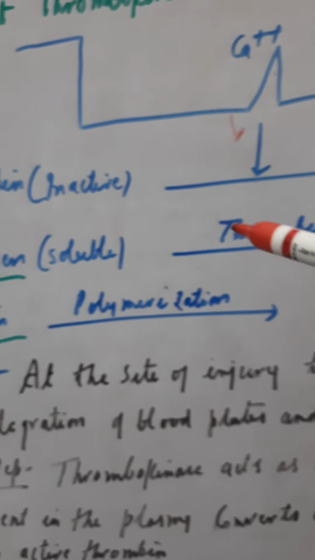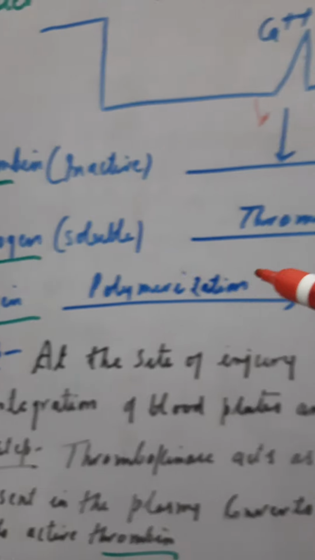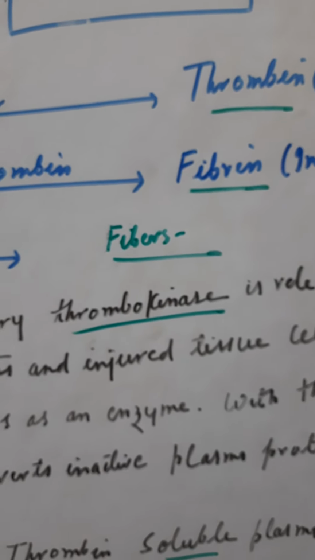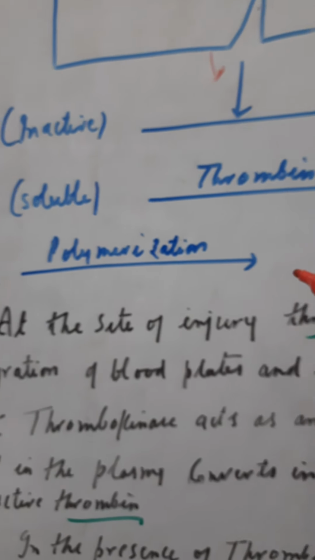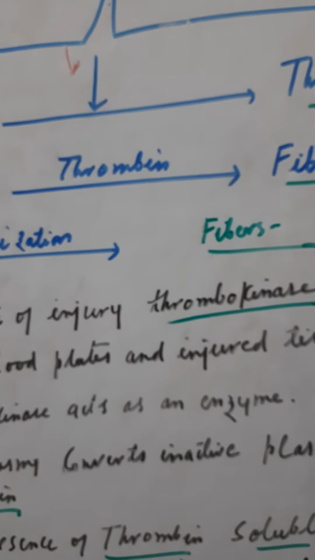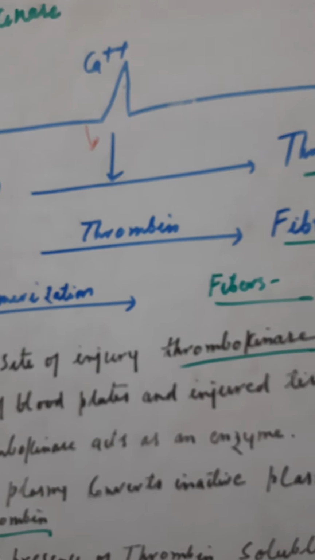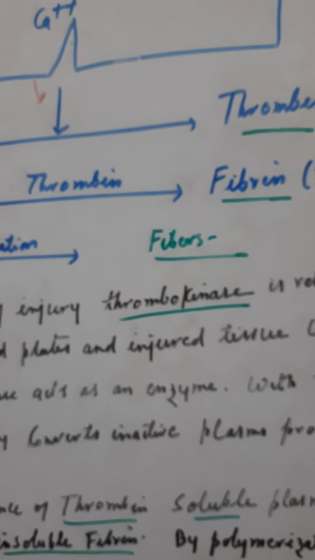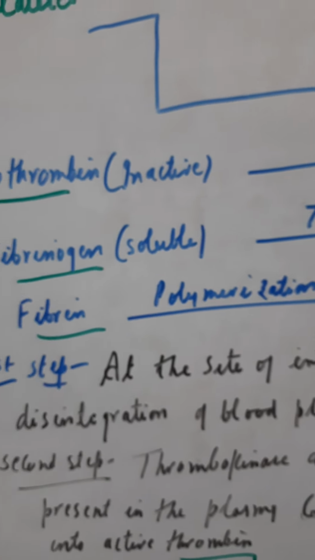Now thrombin will convert fibrinogen, which is in soluble form, into fibrin, which is in insoluble form. Now fibrin, after polymerization, forms fibers, and these fibers form a network at the site of injury, and ultimately the wound is sealed. So this is the mechanism of blood clotting.